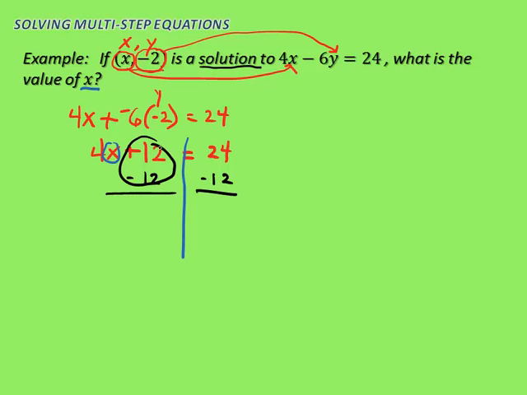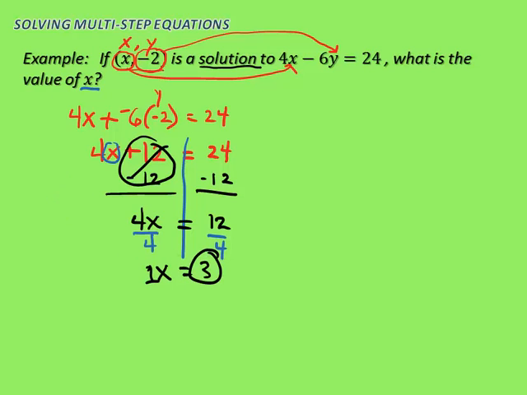Remember, that makes 0, and I have 4x remaining on the left and 12 on the right. 24 minus 12 is 12. Then I'm going to divide both sides by 4, and that gives me 1x equals 3.